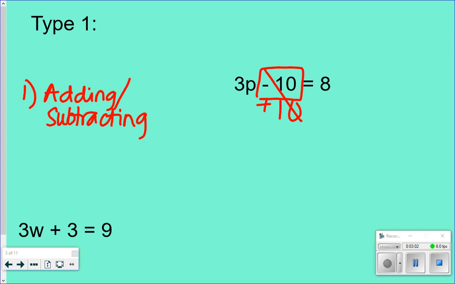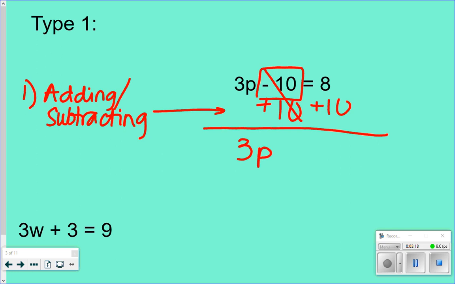Yes, we did do this last year. And if I do it to one side, I have to do it to the other side. So I'm going to add 10 to this side also. I'm always doing the opposite of whatever's going on. I like to draw a line because I can see my steps then one at a time. So like this was my first step. So now I'm left with 3p equals 18.